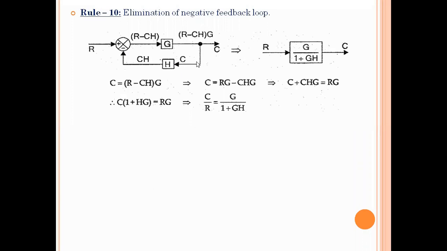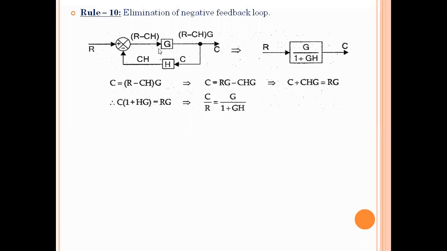Okay. So if we want to eliminate this entire negative feedback by a single block, we just calculate the transfer function of this entire feedback loop. You can see how the transfer function is calculated. Here C is the output, R is the input. From the input and output calculations, we can simplify this C by R equation.